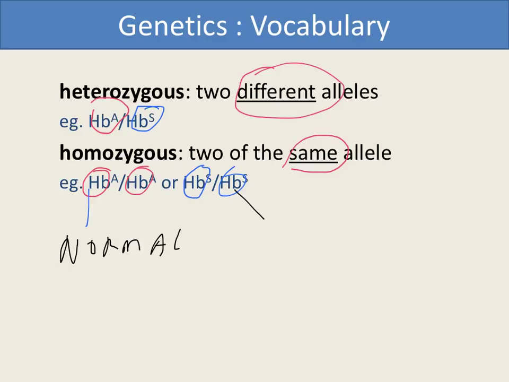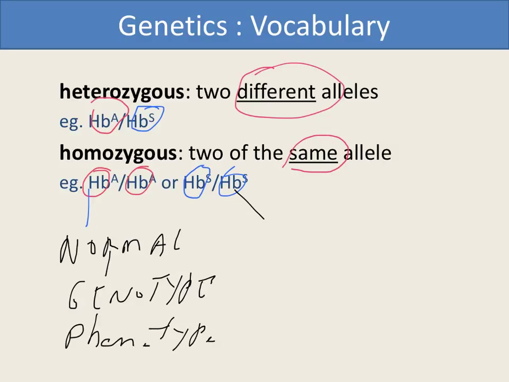And these are the recessive genotype and phenotype. So normal right here is genotype and phenotype, which is normal red blood cells. And this is abnormal.